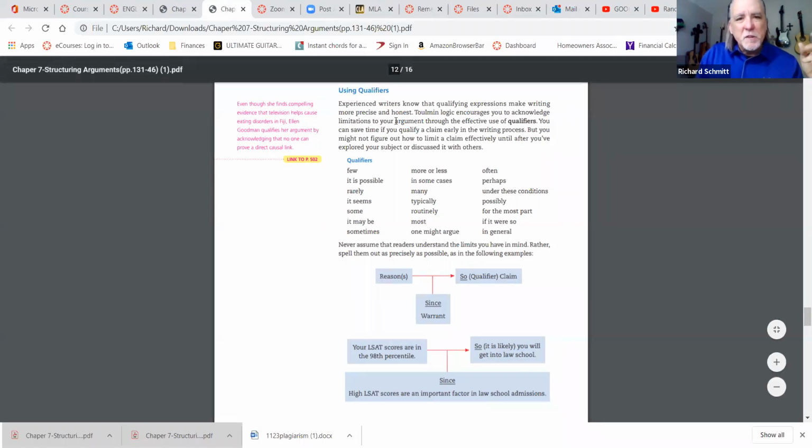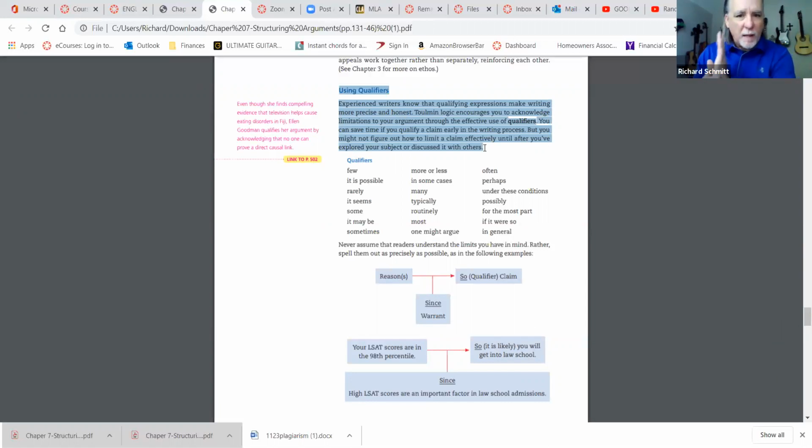Another side of that is using qualifiers, or kind of related, not another side, but using qualifiers. What are qualifiers? Well, we don't like absolutes, the other side of qualifiers. Absolutes are all, everybody, everyone. Now, unless it's actually true, but if you said, everyone dreams of success, you know, some people just go about life and hope to get by.